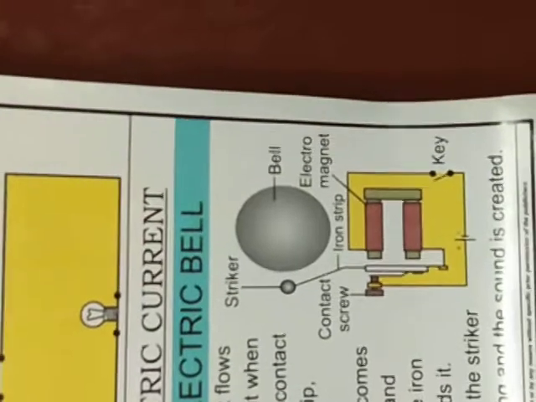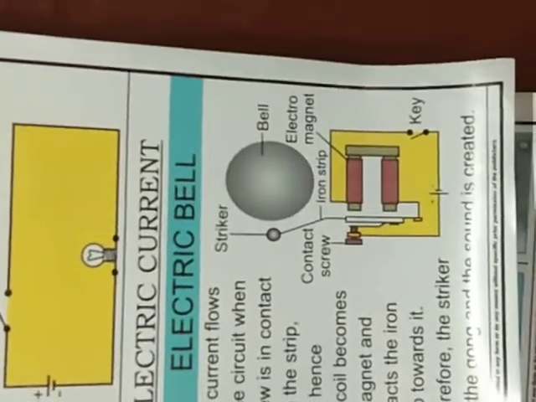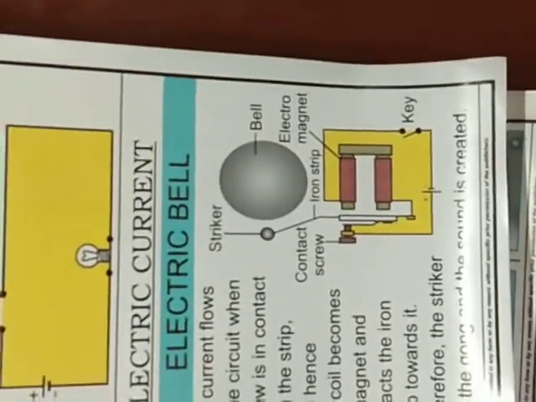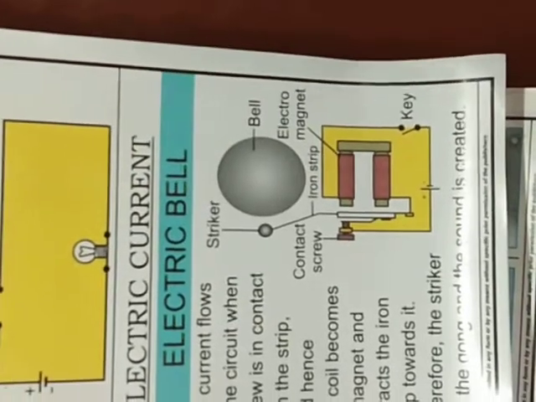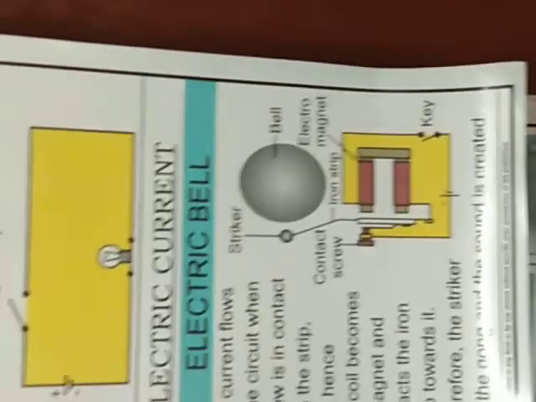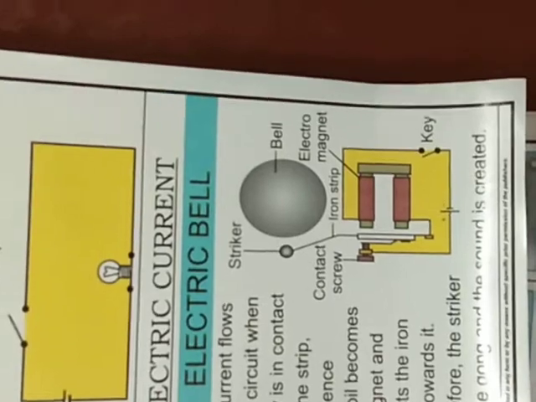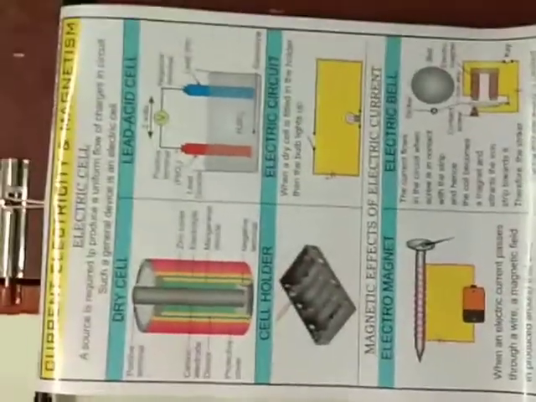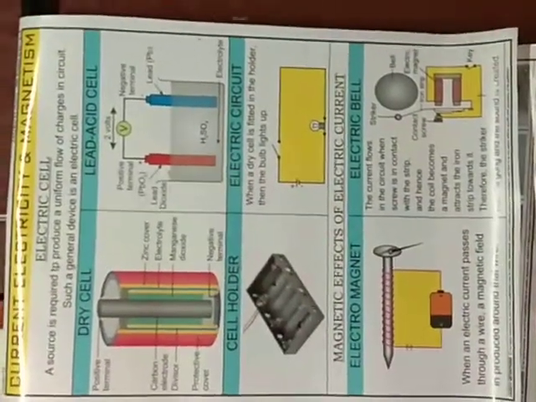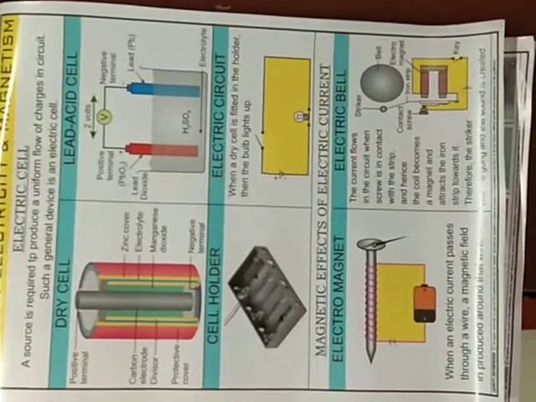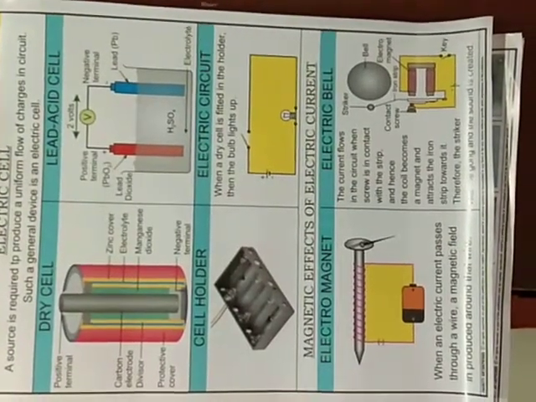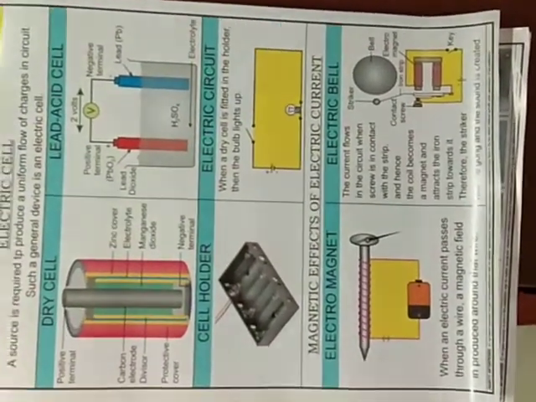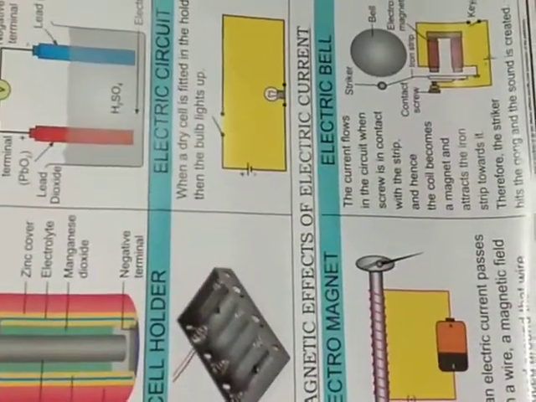Look at the diagram of an electrical bell, that is a doorbell. First the striker, contact screw, then key, iron strip, electromagnet, and the bell. With the help of these you can understand the dry cell, lead acid cell, cell holder, electrical circuit, electromagnet and electrical bell. I think all of you understand these concepts.